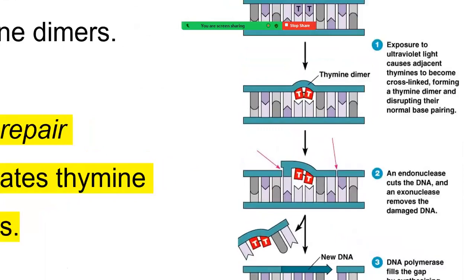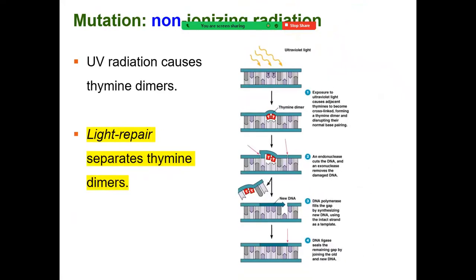And we call that a thymine dimer, where there's 2, it's only showing 1 here, but there's actually 2 covalent bonds that occur between the thymines. And those thymines have a covalent bond between them. They do not hydrogen bond with the A that they should hydrogen bond to. That causes a problem in the DNA.